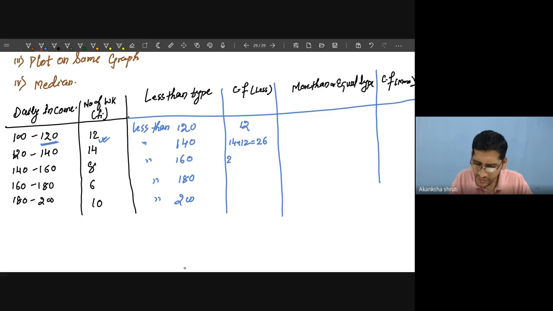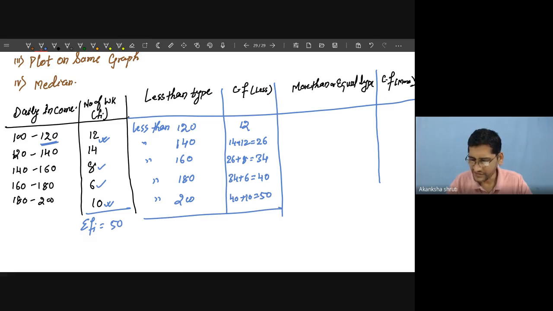Next, 26 plus the new one, 8, is 34. The next one is 34 plus 6, so it becomes 40. For the next, 40 plus the new one, 10, is 50. Even if you add the summation of fi, it is also 50. Okay, so one table is completed for us.